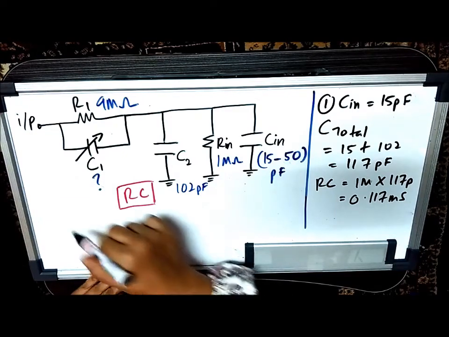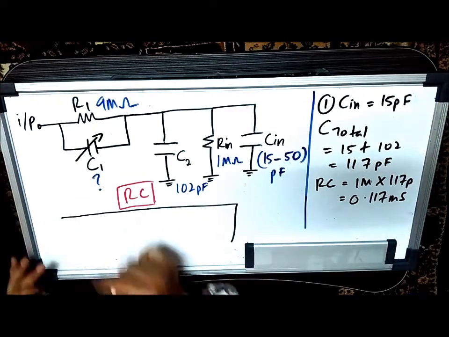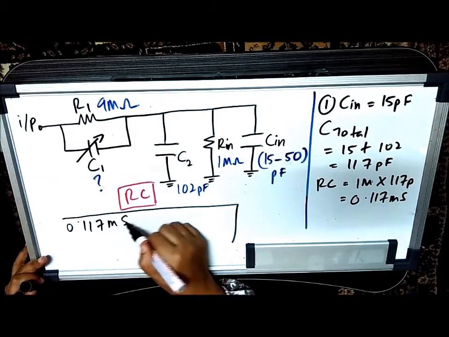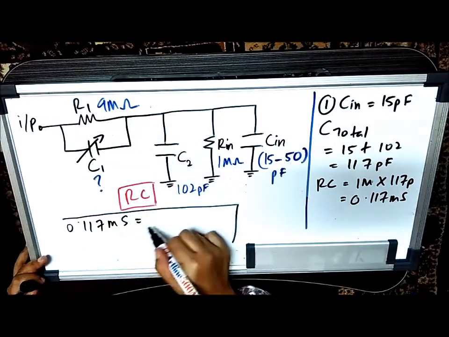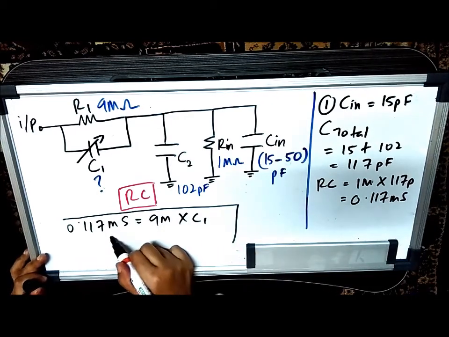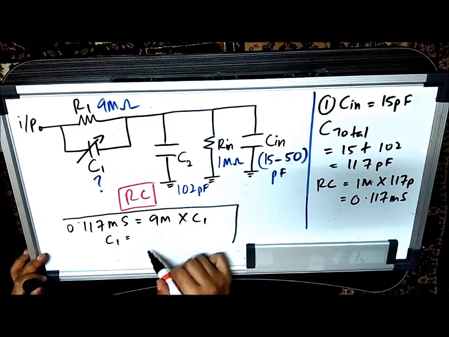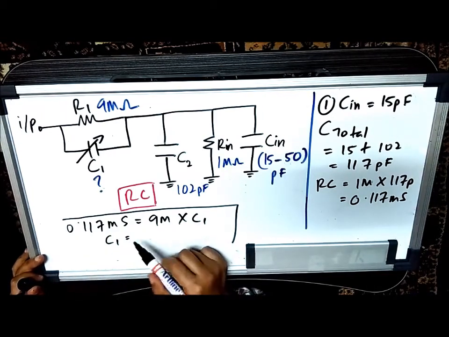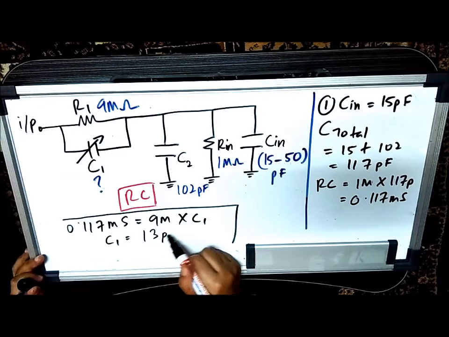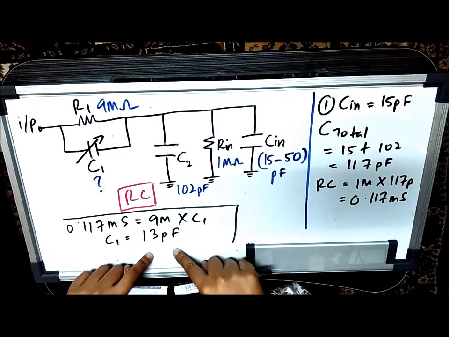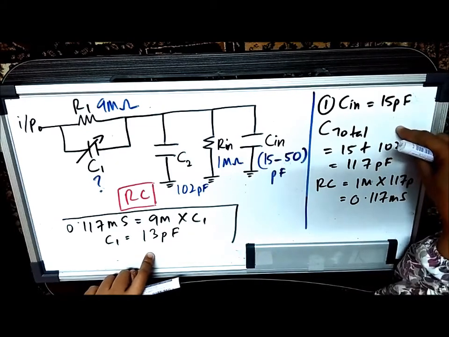So 0.117 millisecond has to be equivalent to 9 mega multiplied by C1. So C1 is equivalent to 0.117 millisecond divided by 9 megaohm, and you will get 13 picofarad. So now you get the first value of the range. 13 picofarad corresponds to the 15 picofarad.